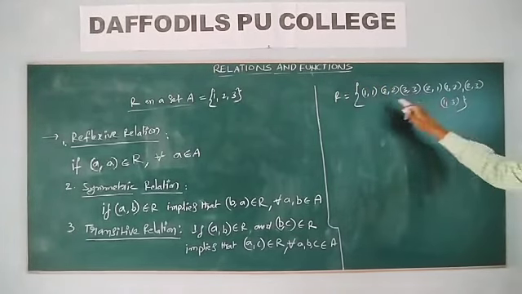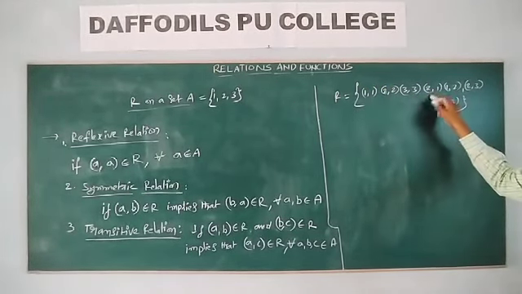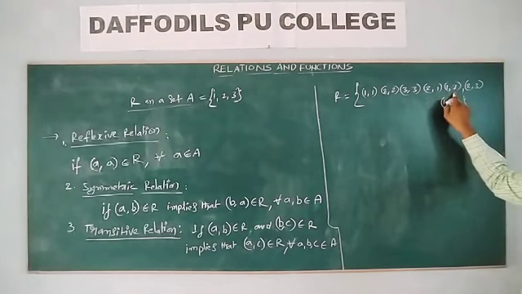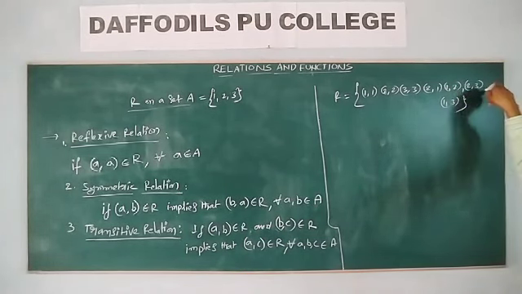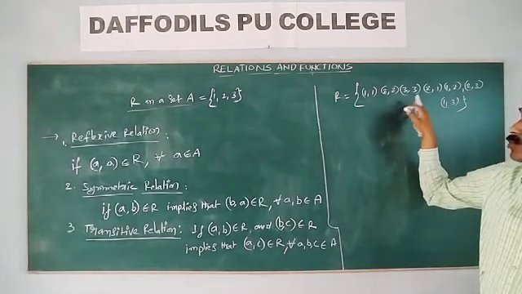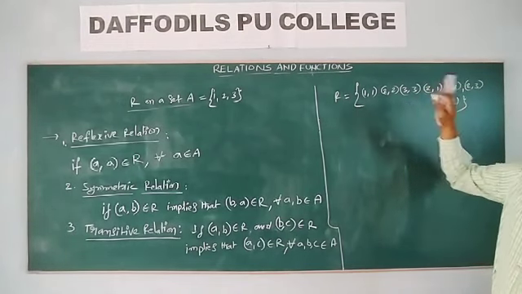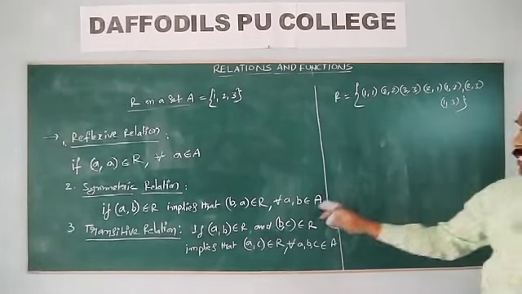See, (1, 1), (2, 2), (3, 3), (2, 1), (1, 2) are symmetric. But (2, 3) is not symmetric, because (3, 2) is not there. And for (1, 3), it is there, but (3, 1) is not there. So it is not symmetric. Reflexive. Okay. Transitive. What is transitive relation?